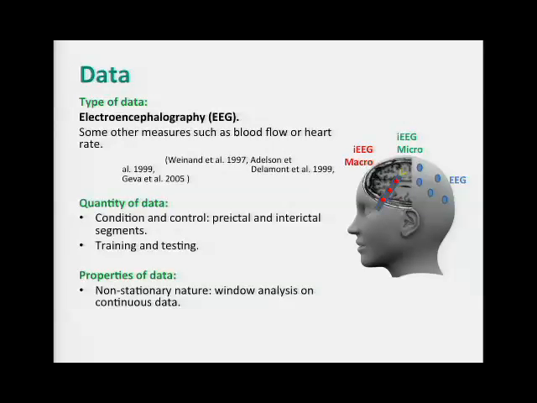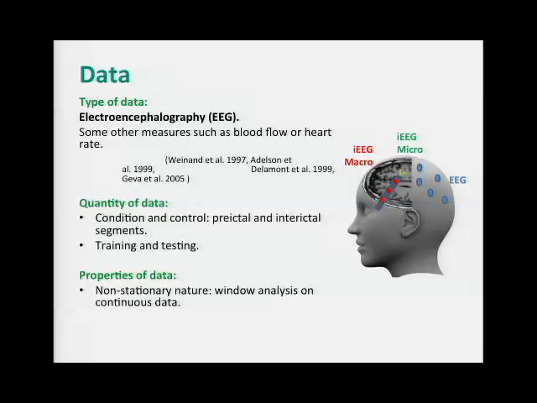The condition will be the predictable periods that we want to classify and detect, and the control, widely used, is the interictal segments. Especially for intracranial EEG, we won't have many non-epileptic volunteers, so we really need a control that we can always use, and this is the interictal period. These are the two things that we will classify or discriminate.